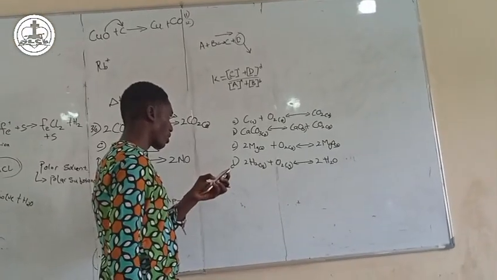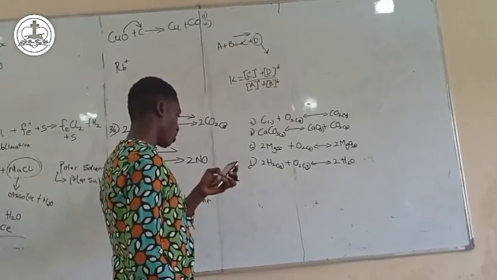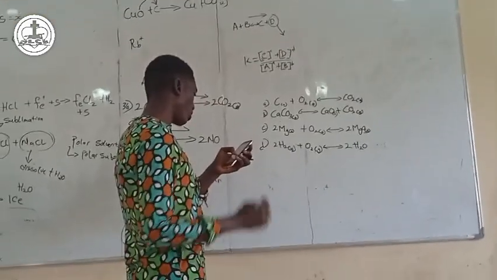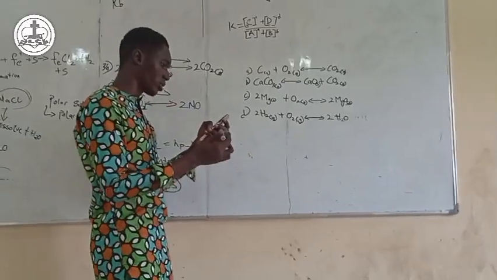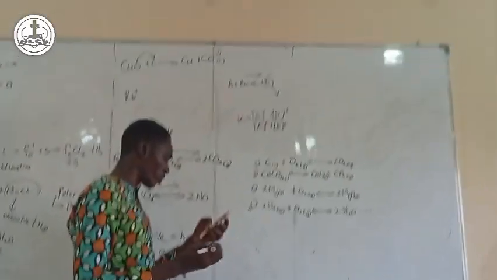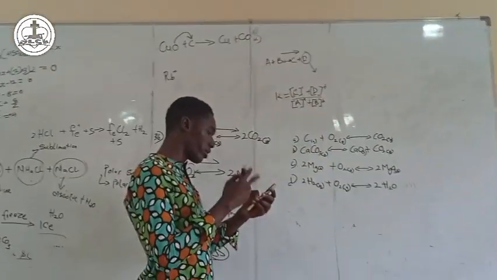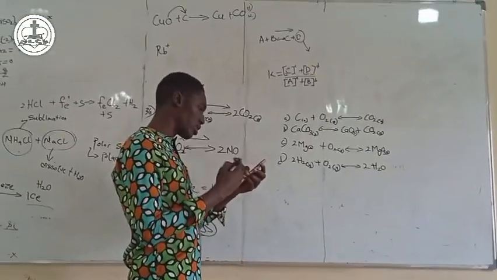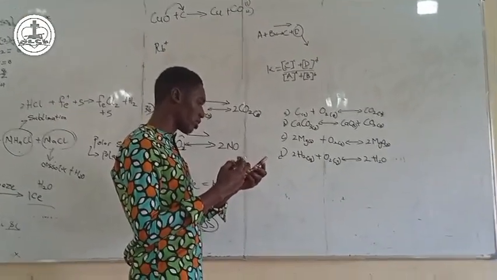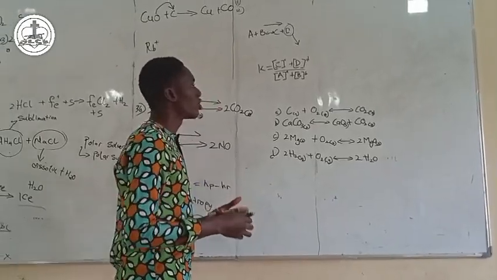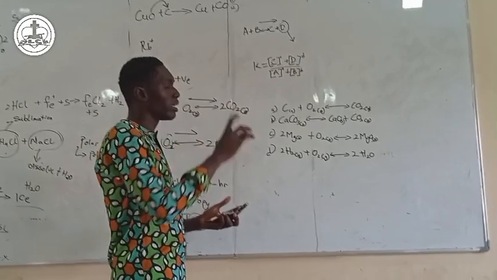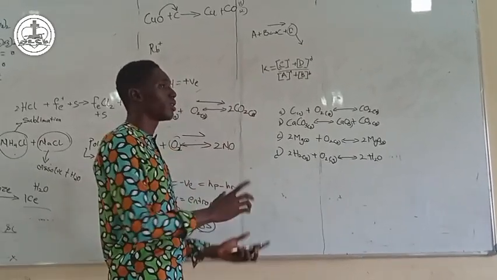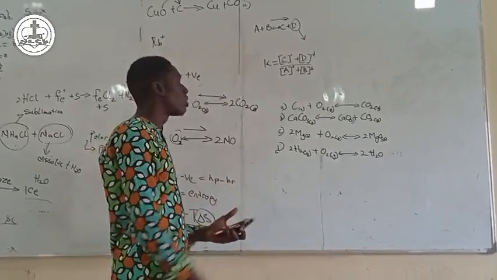So from here, it says in which of these reactions will the point of equilibrium shift to the left when the pressure on the system is increased. Okay, increase of pressure, when there's an increase of pressure in a system where there is chemical equilibrium.